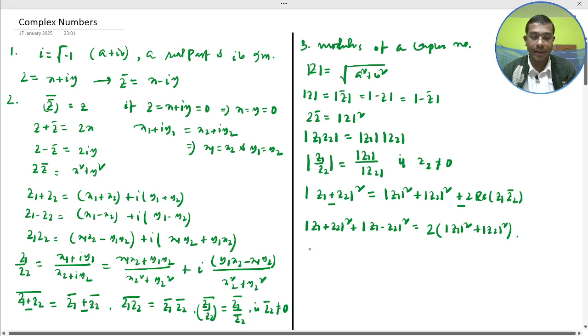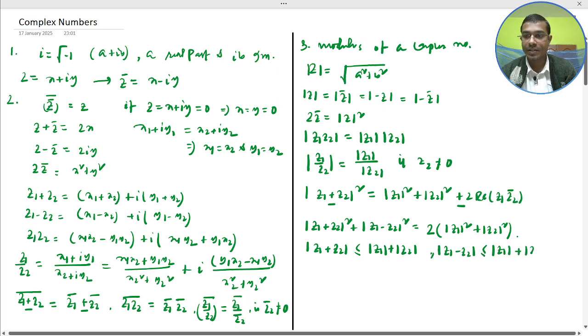These four below are very important: mod z1 + z2 is less than or equal to mod z1 + mod z2, and for minus, mod z1 - z2 is less than or equal to mod z1 + mod z2.